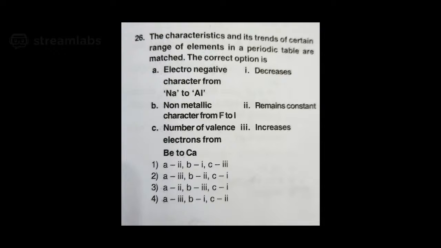Electropositive means metallic nature. Okay? Electropositive means losing of electrons. Which elements will lose electrons? Metals will lose electrons. Now here the statement given as electronegative. Electronegative in the sense non-metals. Okay? Non-metals or electronegativity, what happens?